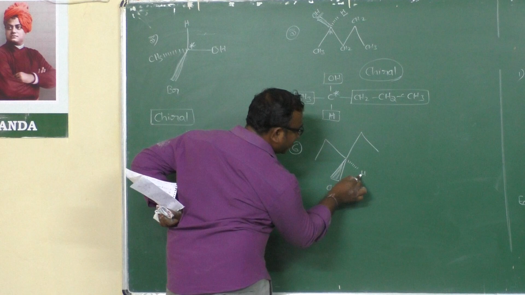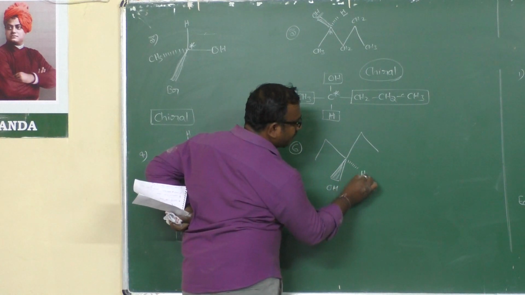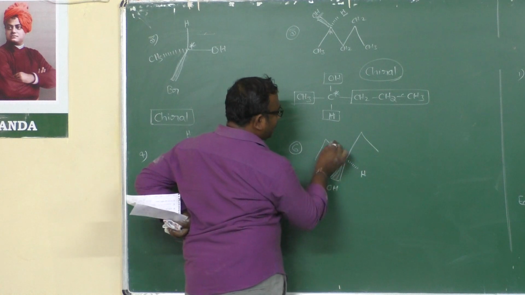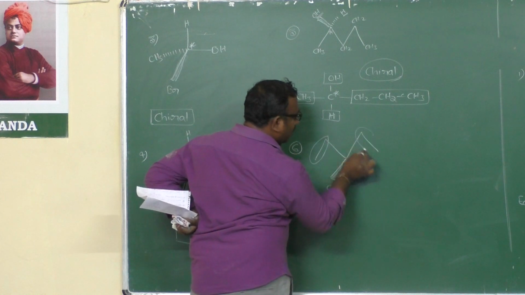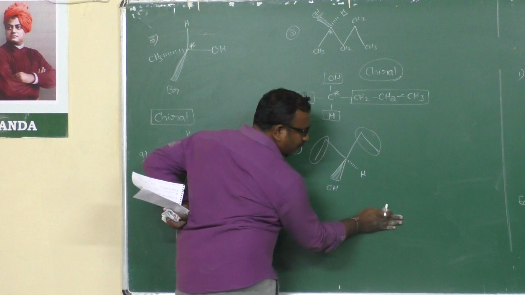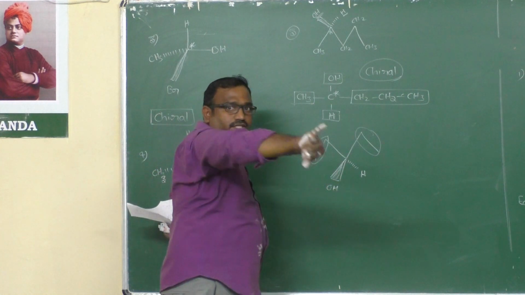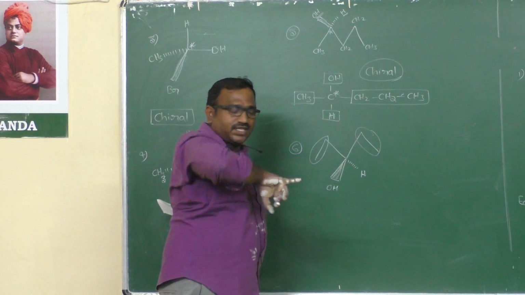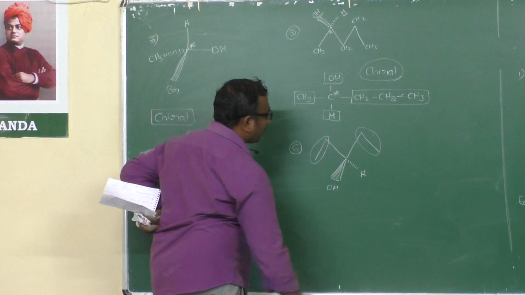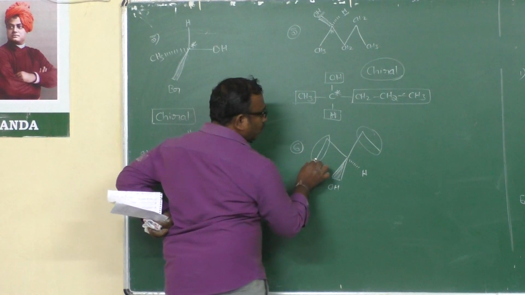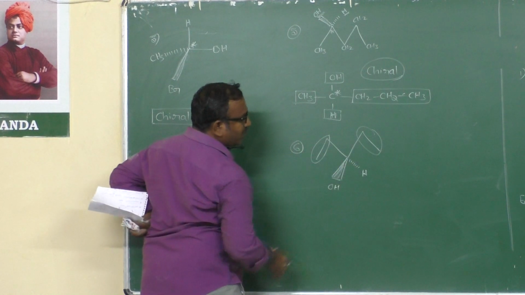This is a broken wedge. Actually, this hydrogen atom is present in the back side of the board. These two ethyl groups are present on the board only. This solid wedge is present towards the observer, means towards us it is present. Here, this carbon is attached to two carbon atoms, means two ethyl groups.